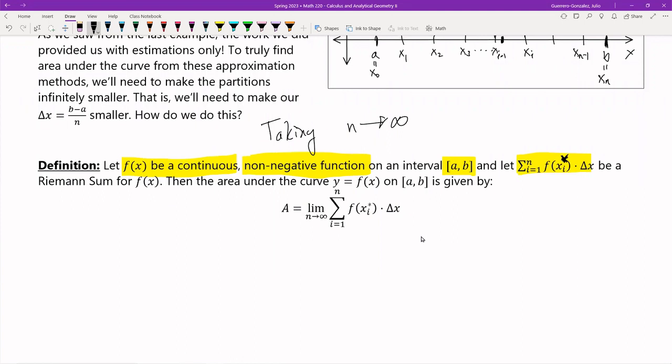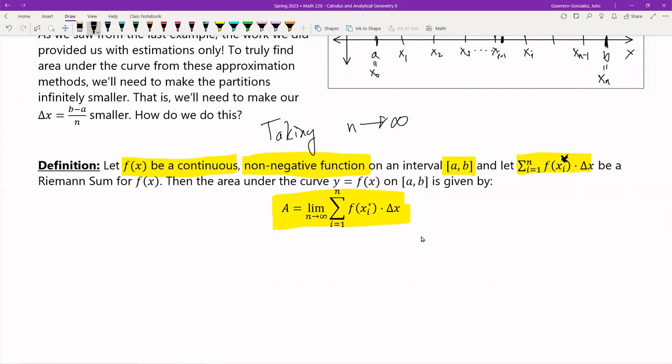Then the area under the curve is given by this equation right here: the limit as n goes to infinity. I'm dividing up my interval into smaller subintervals, and each one of those smaller subintervals is infinitely skinnier.